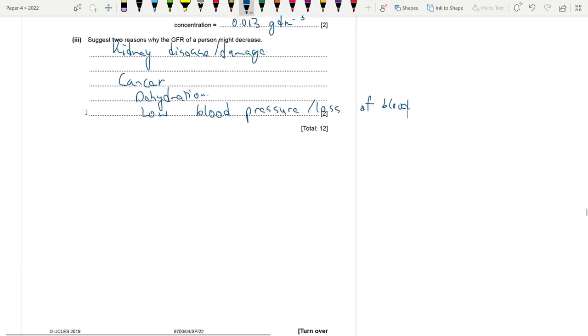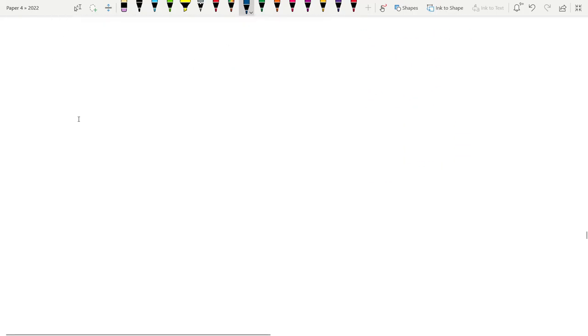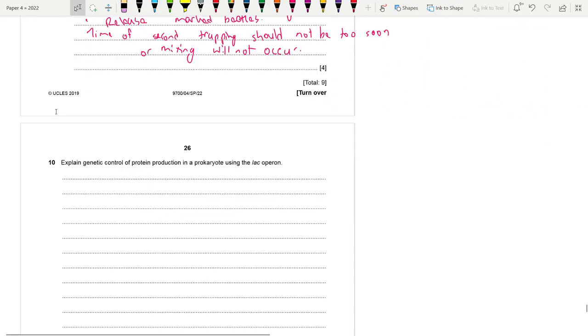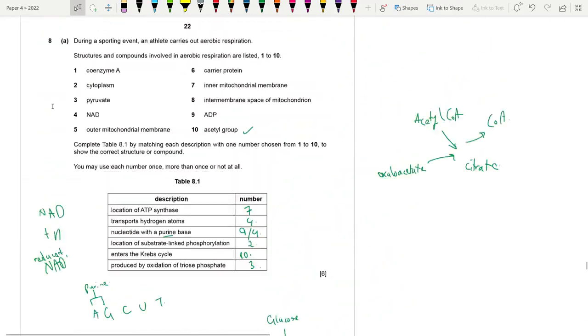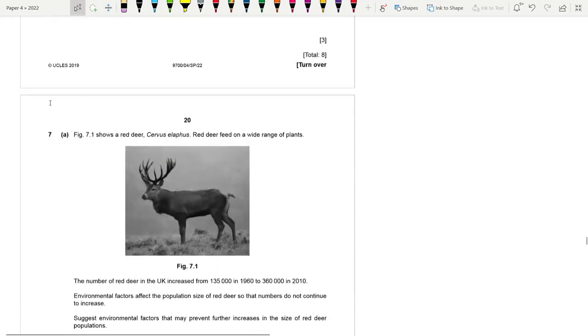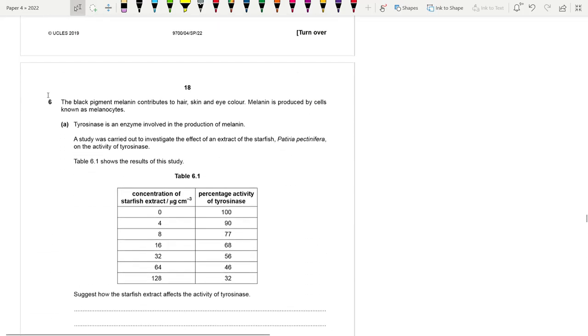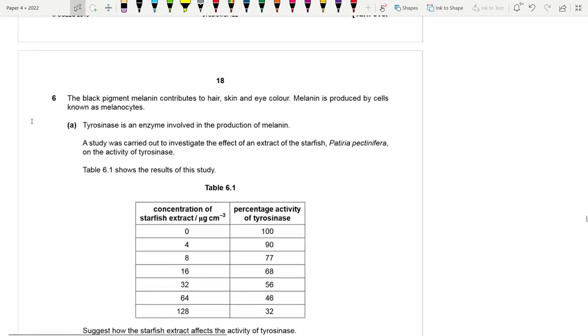Okay, moving on. So we have 10 questions in total. We're at question number 6 now. The last questions are a bit smaller though. The black pigment melanin contributes to hair, skin, and eye color.